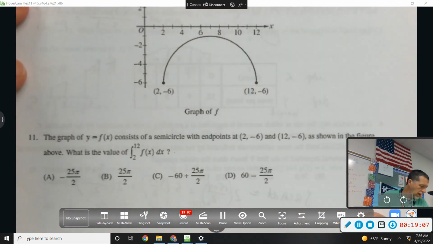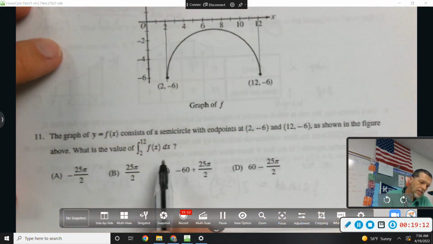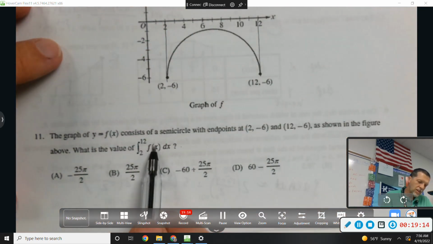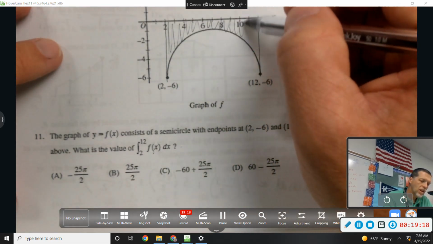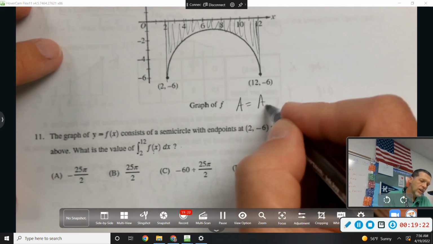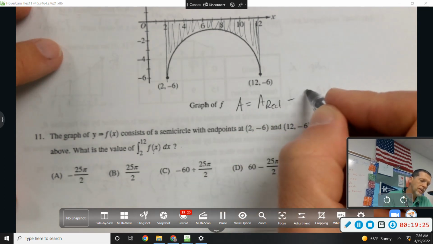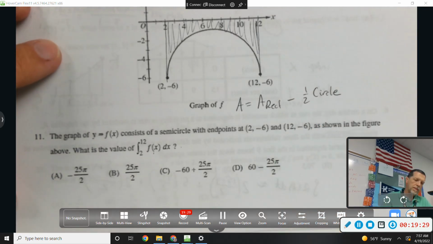11 was tricky. So find the integral, but that means area, so everybody got that much. And most people even figured out, okay, so it's the rectangle minus the half circle is that area.